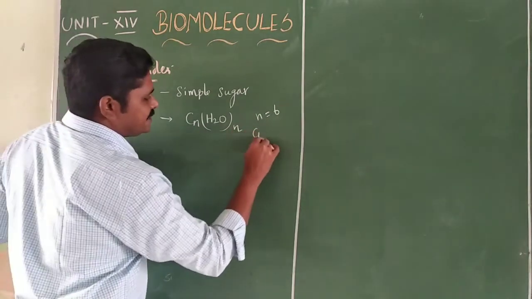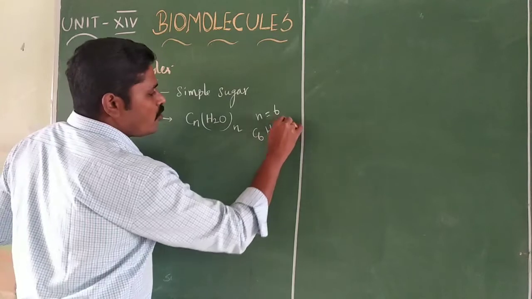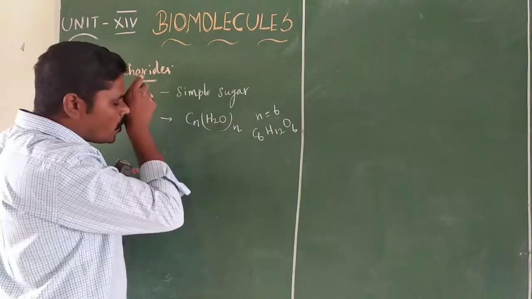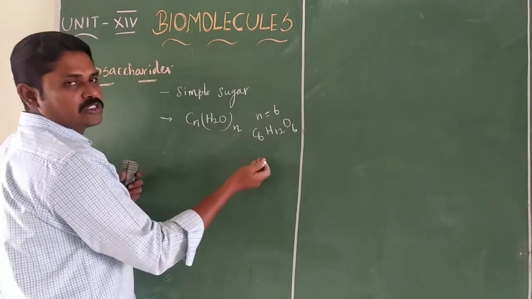So C6H12O6, 6 into 2 is 12, O6. Examples of monosaccharides are glucose, fructose, ribose, erythrose and so on.